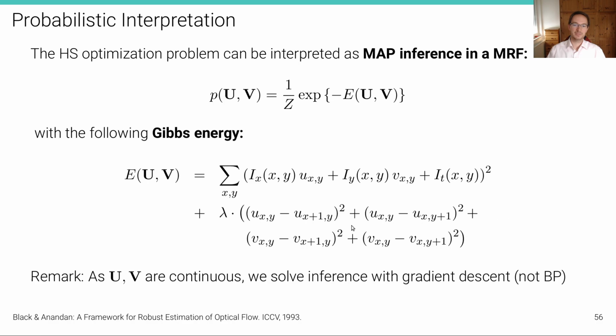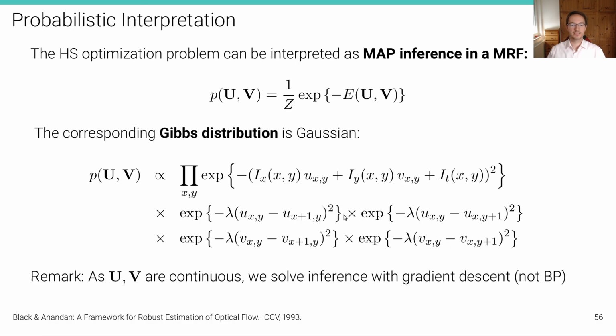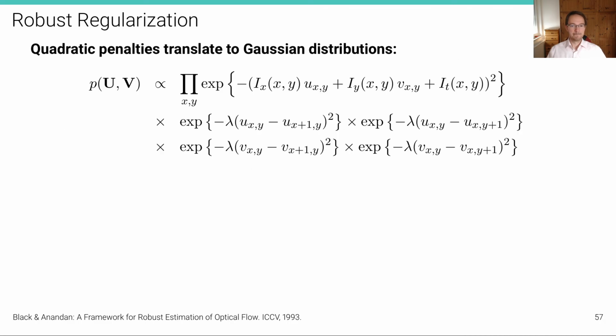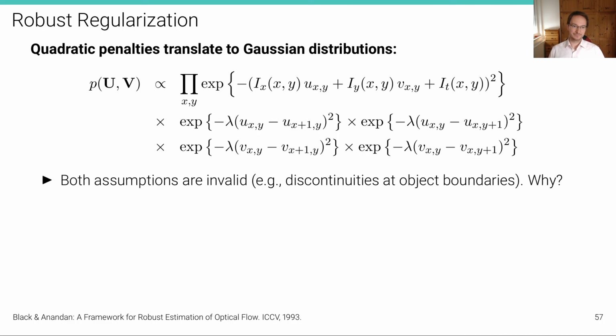And we have exp of minus this data term and the smoothness terms. We can identify these terms as Gaussian distributions now. We have a distribution that's a product of many small Gaussian distributions, because we have exp of minus something to the power of 2, which is the definition of a Gaussian distribution. And we have this everywhere, also for the regularizers. In other words, quadratic penalties translate to Gaussian distributions.